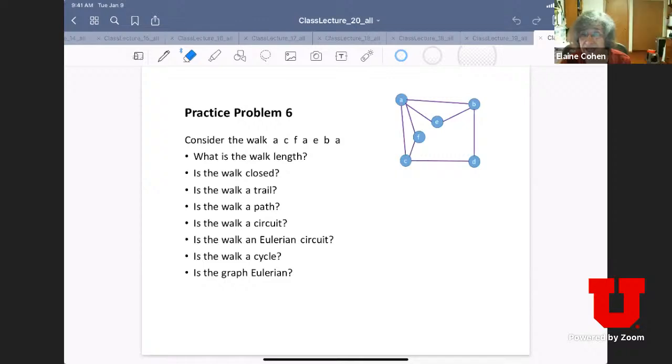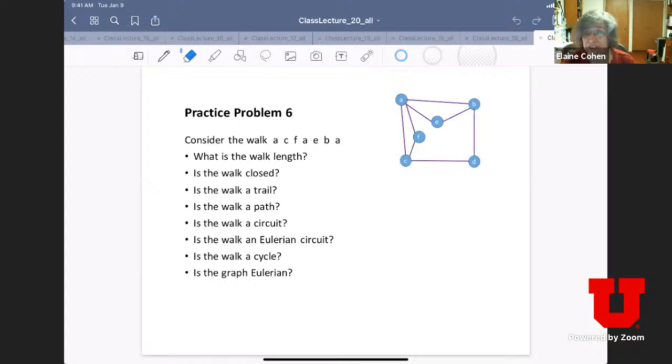A cycle is a circuit whose only repeated vertex is the beginning and end vertex. This one goes through A in the middle, so it repeats the vertex in the middle. So no, it uses A as an interior vertex as well as the 2 endpoints. So it is not a cycle. Good try.